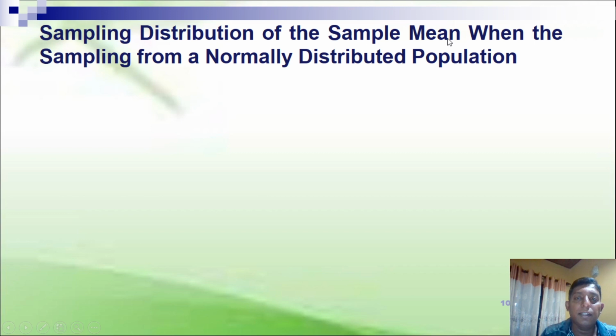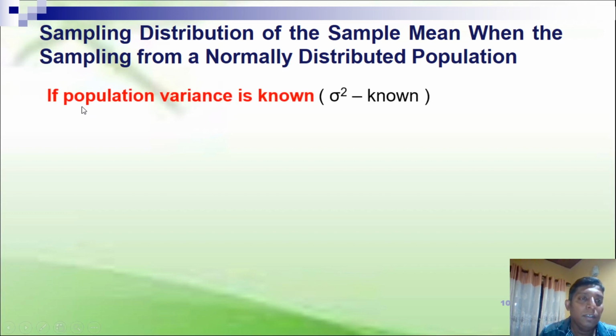We take several samples and we are going to discuss the distribution of these sample mean values. The condition here is that we take a sample from a normally distributed population, and the population variance is known.